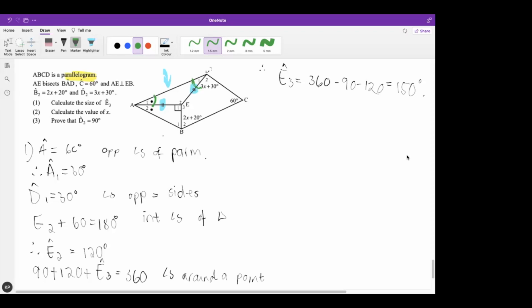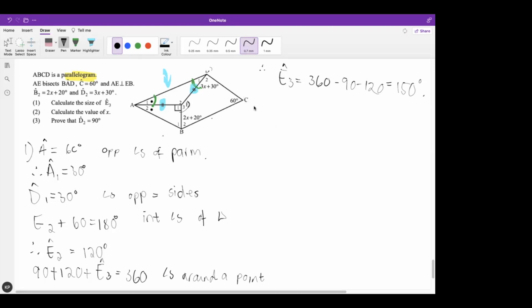Okay. Then it says, calculate the value of X. Yes, Taylor. To figure out the value of X, you're going to use the 150 from E3 plus 3X plus 30 plus 2X plus 20 plus 60 equals 360.